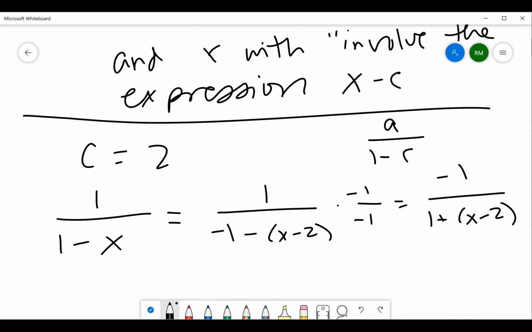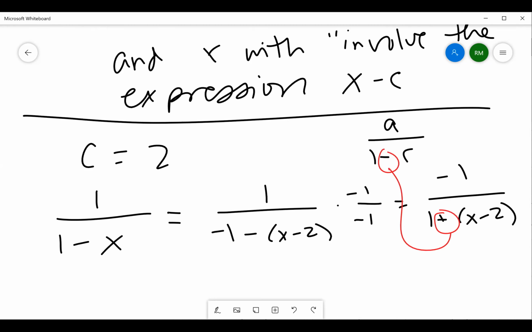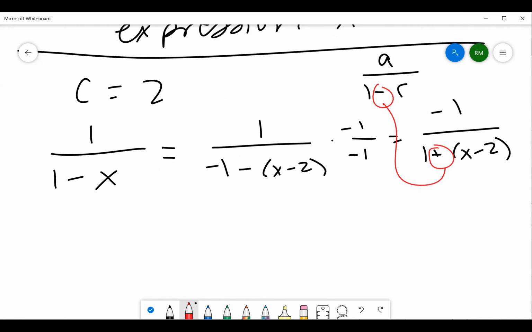So we can multiply the numerator and the denominator by -1, and we get -1 over 1 plus x minus 2. Well, that's fine, but this needs to be a minus sign, just like up here. They don't match yet. So the way we remedy that is we write it as -1 over 1 minus negative x minus 2.